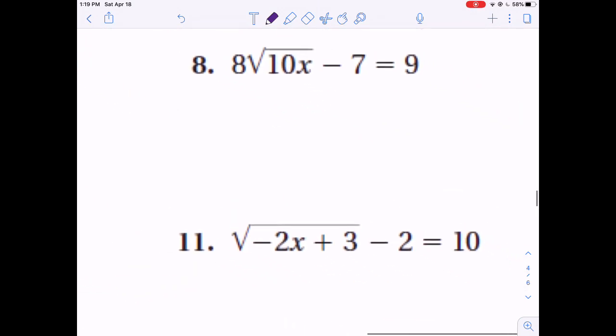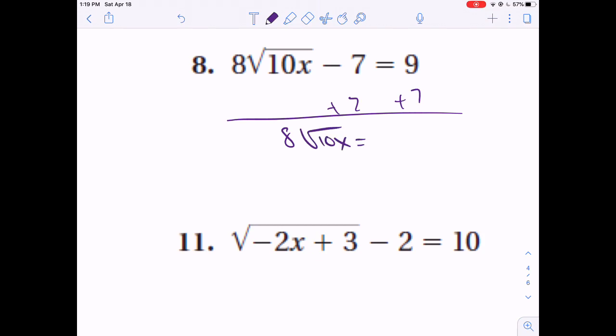All right. So we have to isolate the square root of 10x. But I have this 8 happening to it and this negative 7. So I have to get rid of those first. So I'm going to add 7 to both sides first of all. Add 7. So I have 8 square root of 10x equals 16.